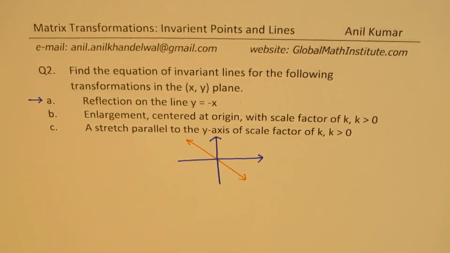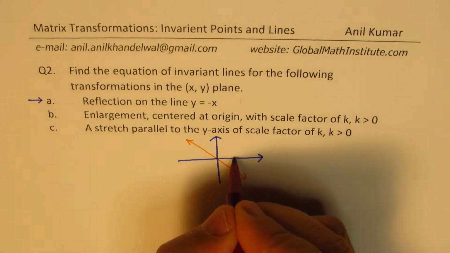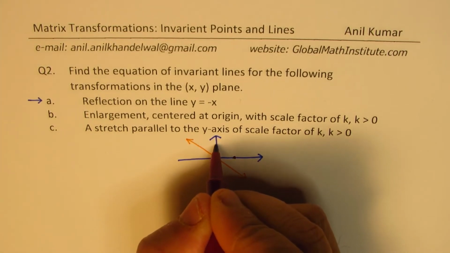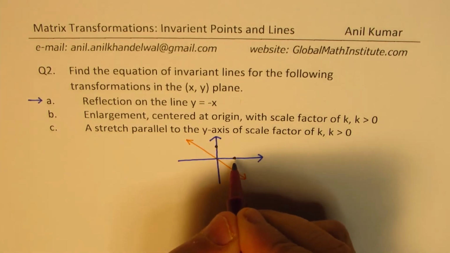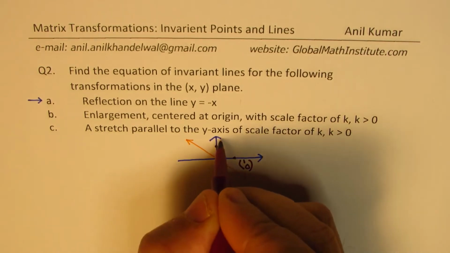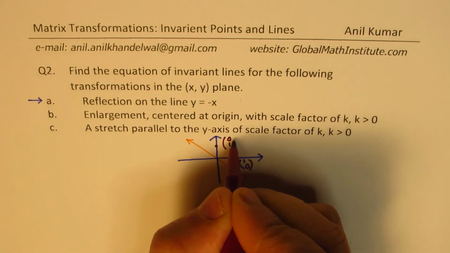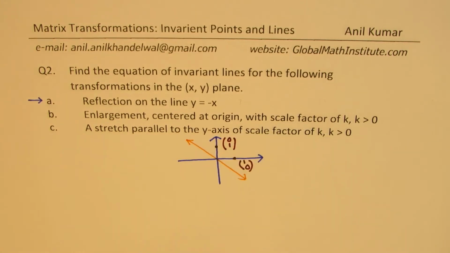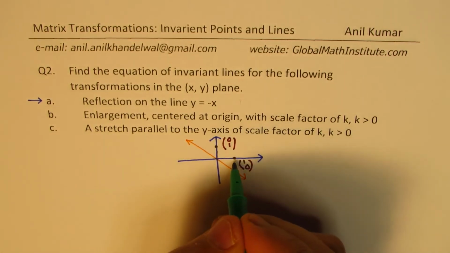Now to get the transformations, we'll consider 2 points, and these 2 points, as we have always taken, are 1, 0, and the other point here is 0, 1. When you reflect these points on the line, what do you get?